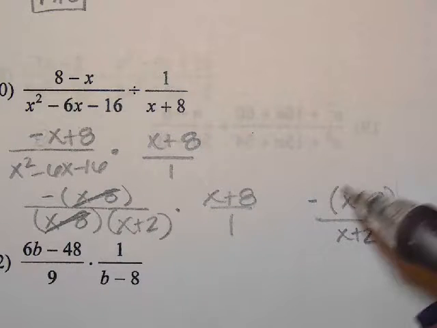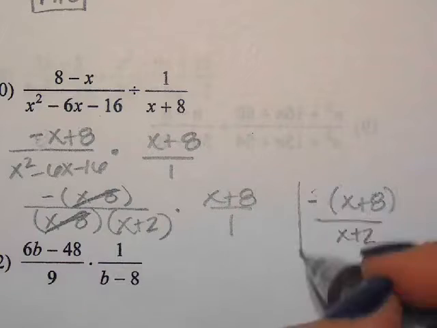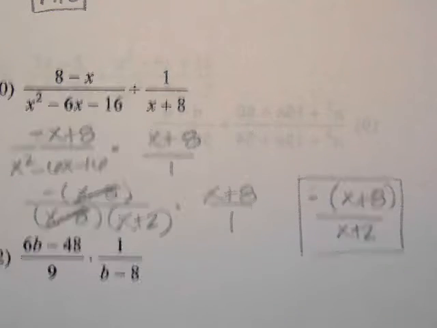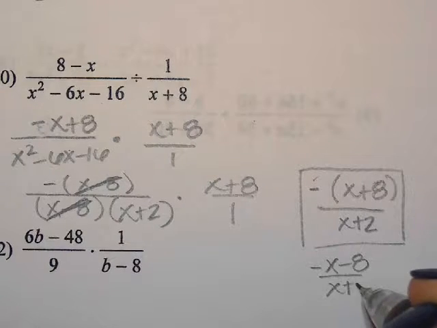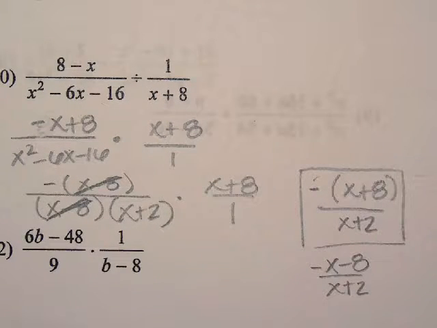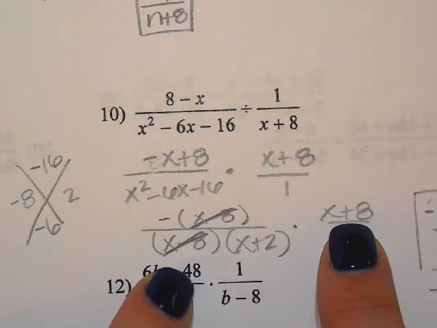If you want to distribute the negative 1, you can. You don't have to. So that's a good answer, or you could say negative x minus 8 over x plus 2. That's another good answer. We canceled out the x minus 8s, but there was still this one over here from the second fraction.